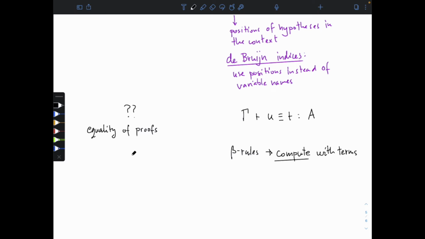Do we compute with proofs? Well, this is interesting. You see, traditionally proofs have this strange status in mathematics. I like to say that mathematicians think that proofs are irrelevant because they don't consider proofs to be mathematical objects. Like, honestly, they don't.